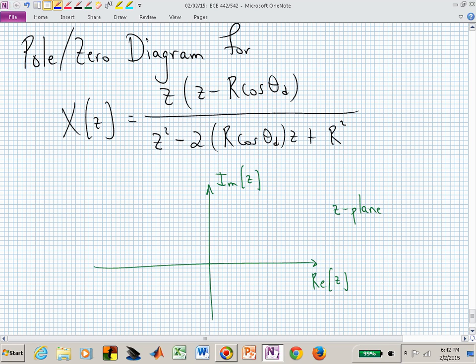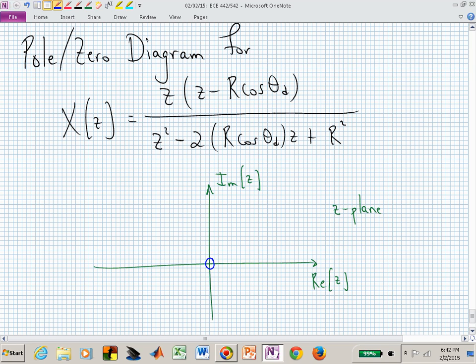I hope you see there's one zero just screaming at you. You're looking for values of z that cause the numerator to go to 0. You do have a 0 right at the origin.